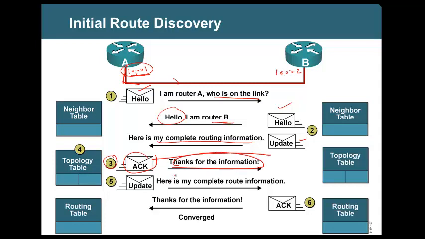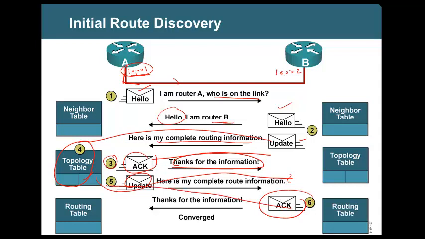And then this update gets added to the topology table. After synchronizing the topology table with the incoming update, now A generates its own update and sends it to B. Sorry, before that, B now immediately sends an acknowledgement to A. And B now gets the update, synchronizes its topology.